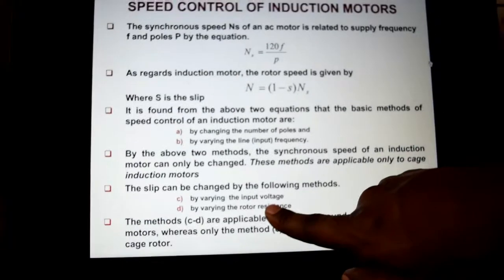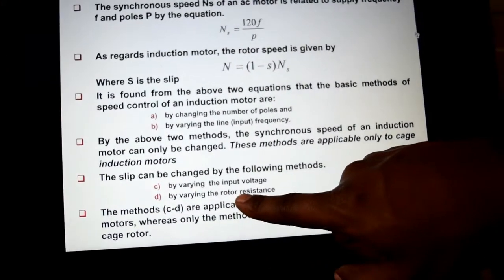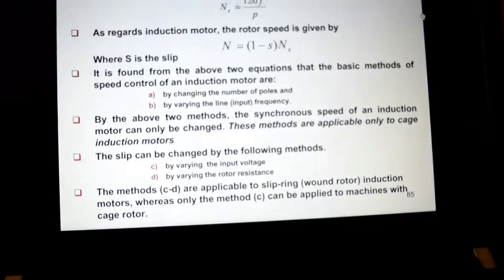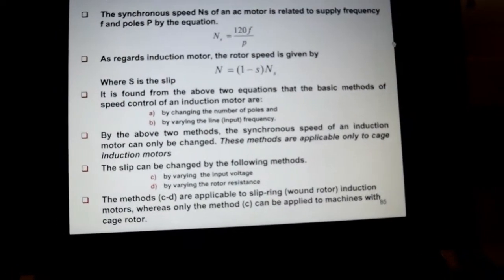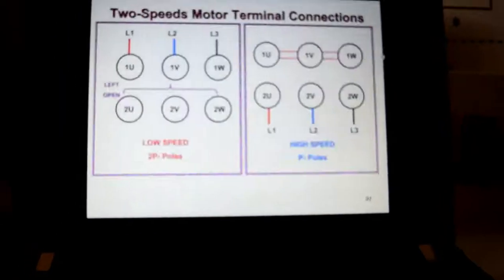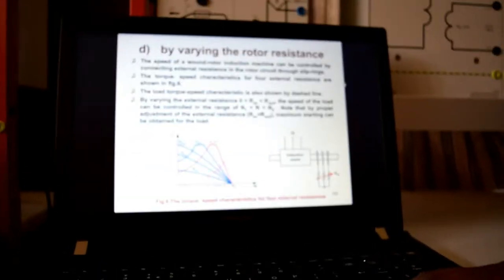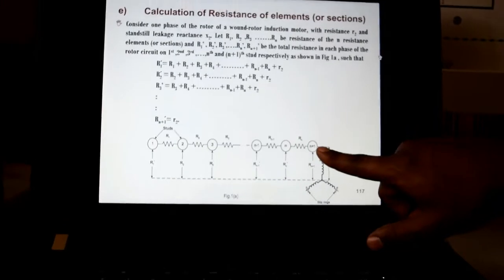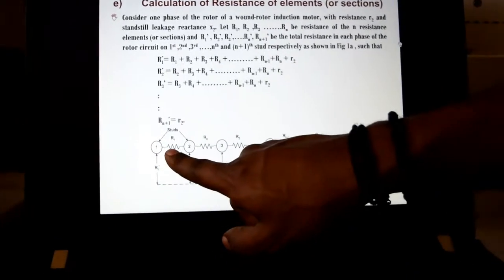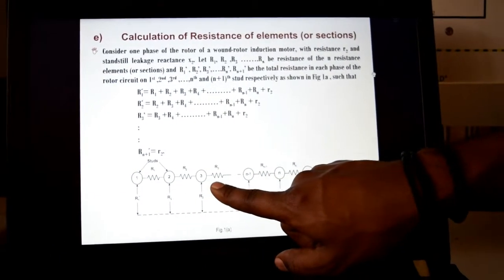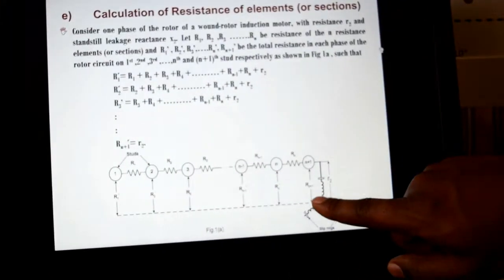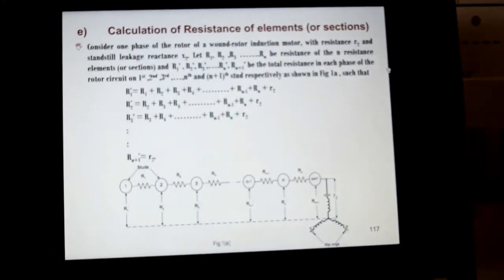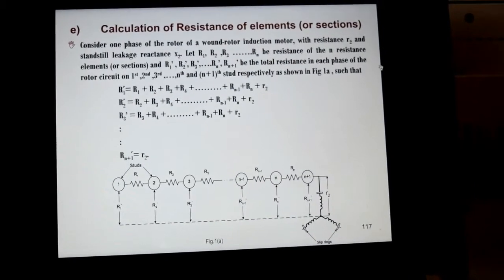So now let us start with the phase wound type. Let us connect a resistance to the rotor terminal and see how the speed varies. We connect the whole resistance at starting, and then we slightly reduce the resistance until we reach the rated speed of the machine.